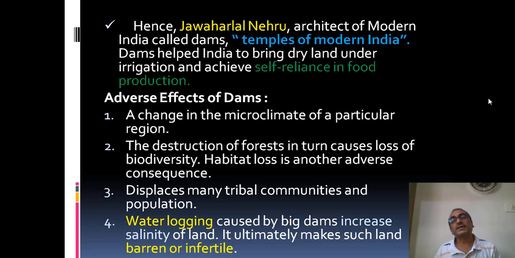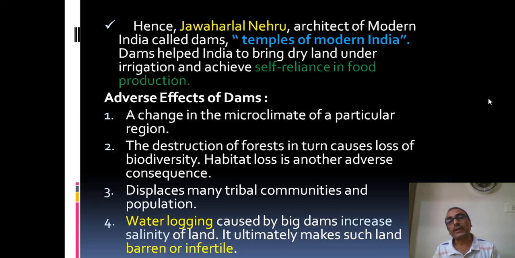When we construct a dam, a huge amount of forest area is submerged, and that is nothing but habitat loss for wild organisms, so biodiversity is affected. Then there is displacement of people, especially the tribal community, which is another effect of dams. Thousands and thousands of people have to migrate from their homes, in the forest area and nearby villages, to other places for inhabitation.